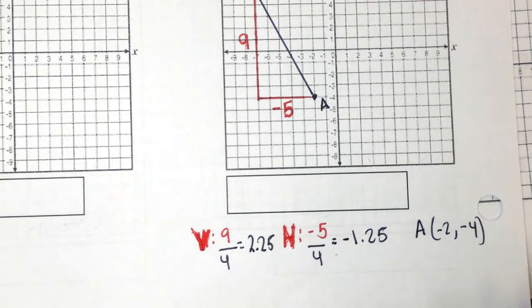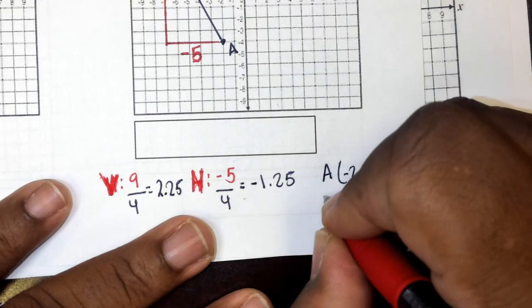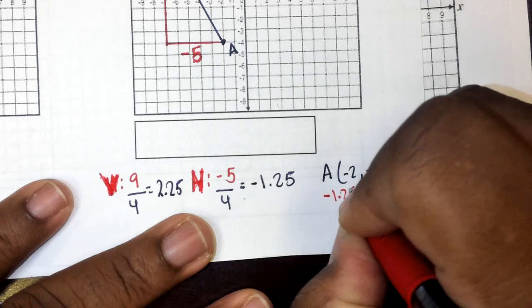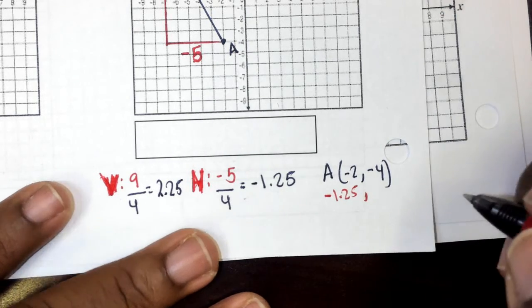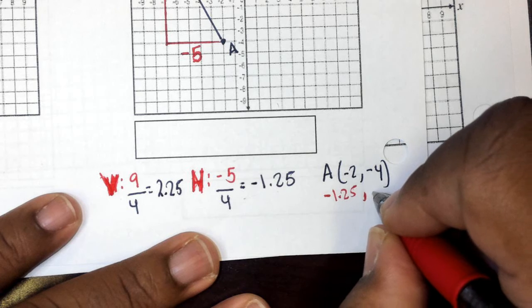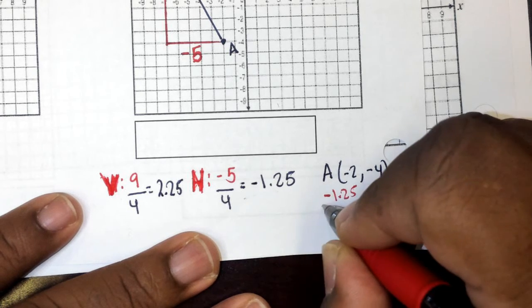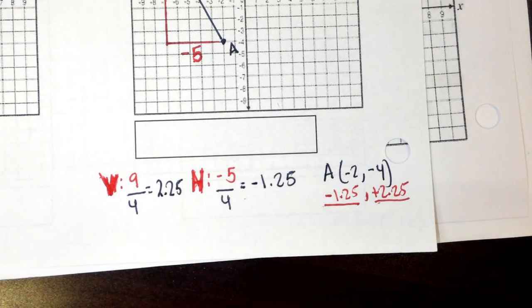And then from there, we do this math. Horizontally we went -1.25, so we put that under our X. That's our change in X. Our change in Y vertically is plus 2.25.